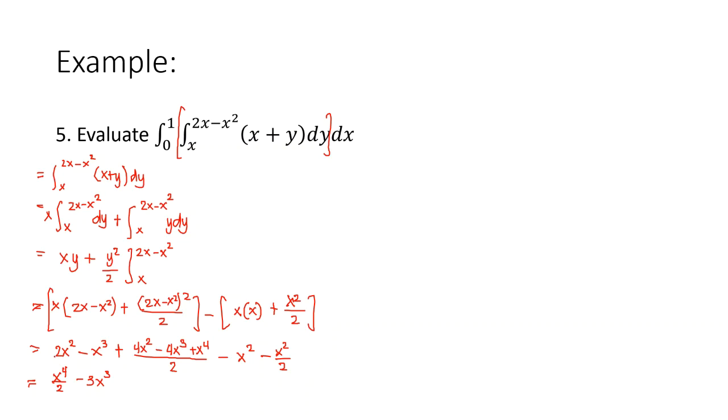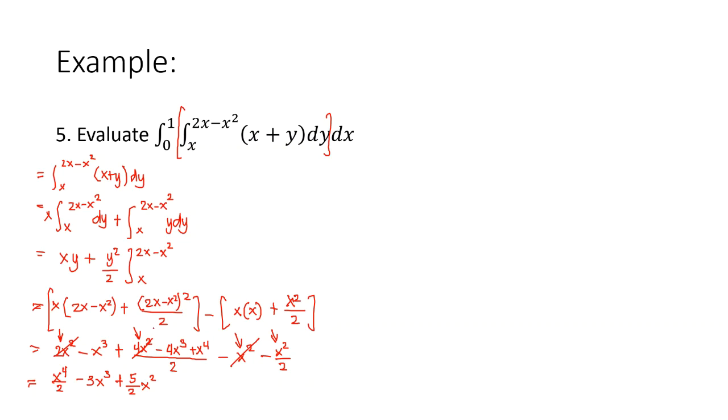We have 2 plus 2 x squared minus x squared minus 1 half x squared. So basically, this is equivalent to positive 5 halves x squared. So we are done with this. 2 plus 2 is 4, minus 1, 3. 3 minus 1 half is positive 5 halves, if I'm not mistaken.